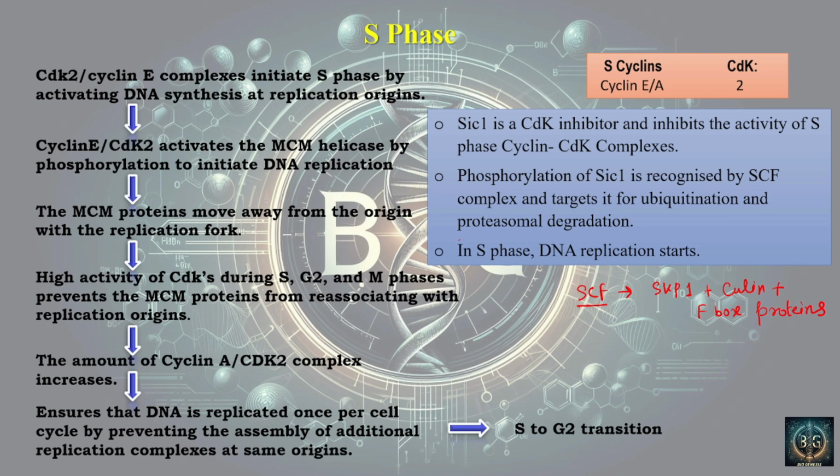Then cyclin-CDK complex activity is restored and DNA replication starts, and the cell completes the different events in S phase, and then from S phase they enter into the G2 phase.